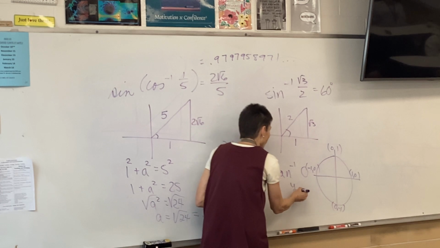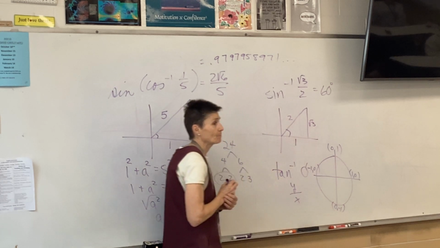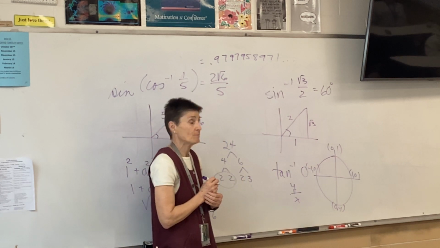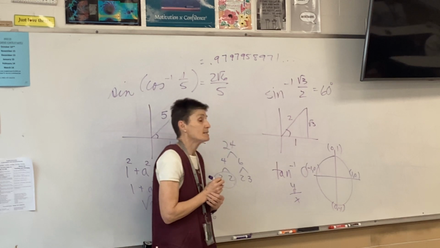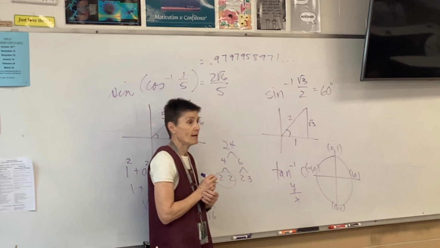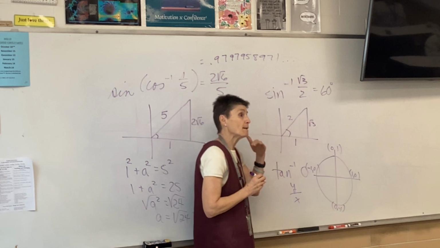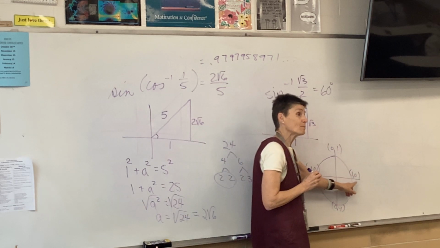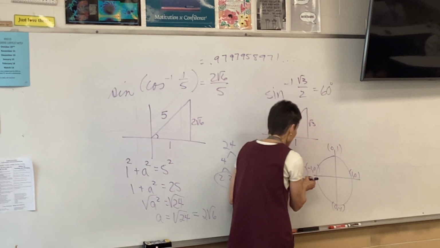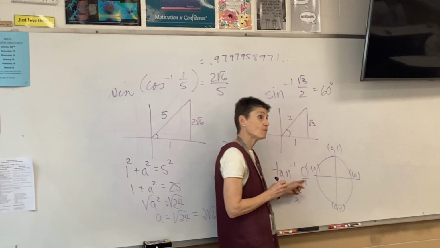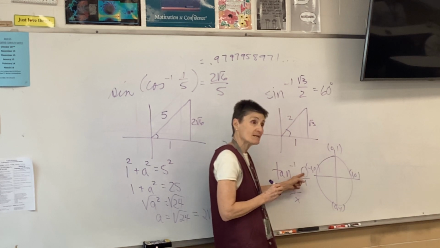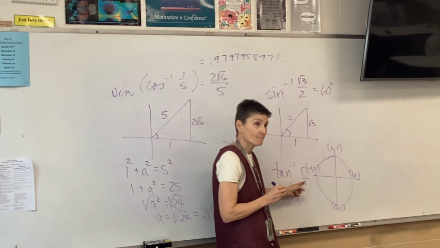Tangent is y over x. I memorized my purple sheet. You're supposed to have it memorized. Tangent is y over x. So you simply go around your circle and you want y over x to be 0 over 1.